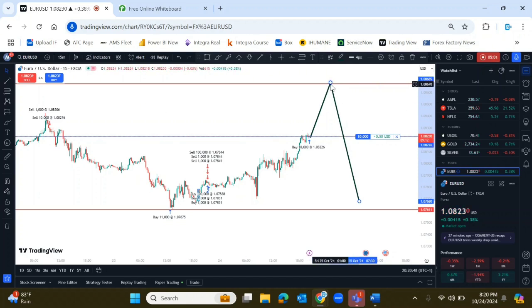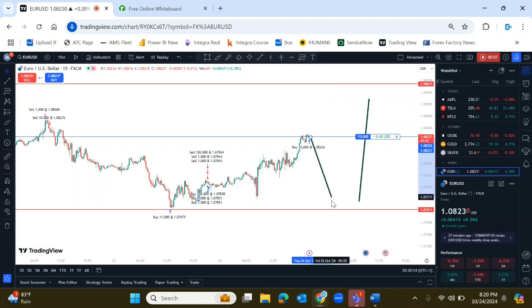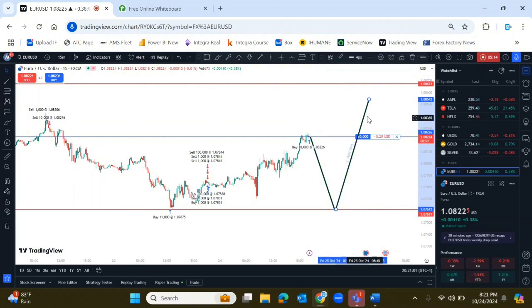But on the other hand, let's say the price is anticipated to move down to this point, and when it hits this point, it will reverse and go up. Then I will be putting my buy limit, because I am expecting that if the price comes down to this point, it is going to reverse up.